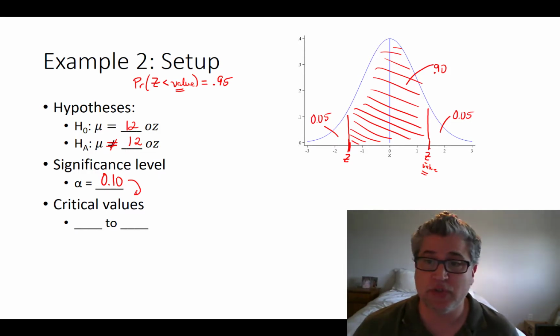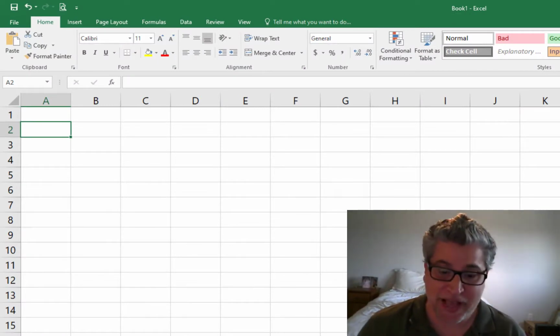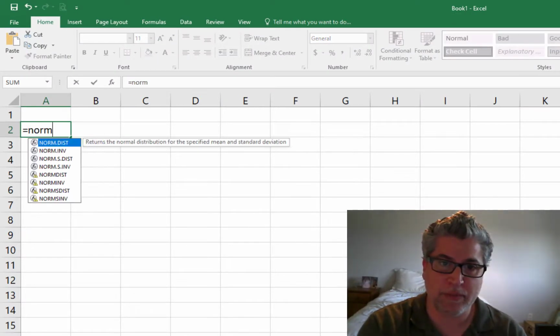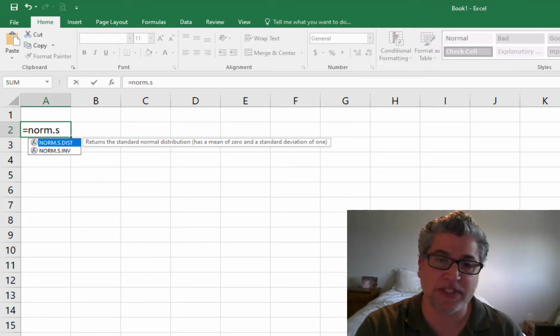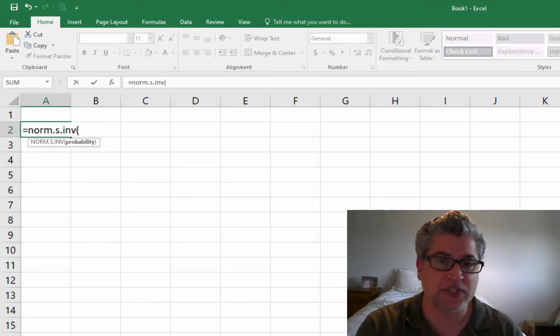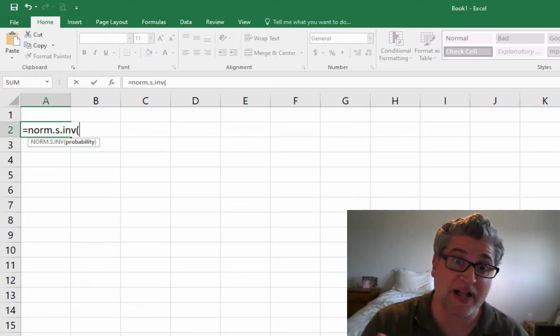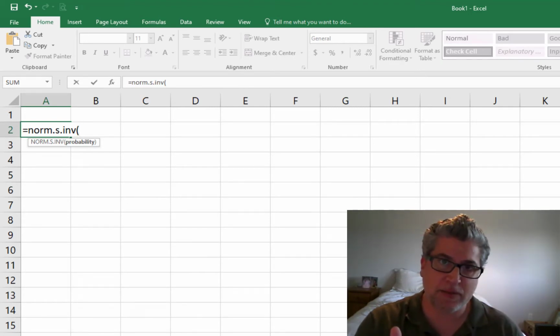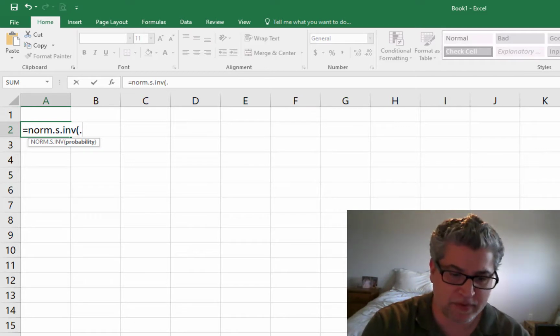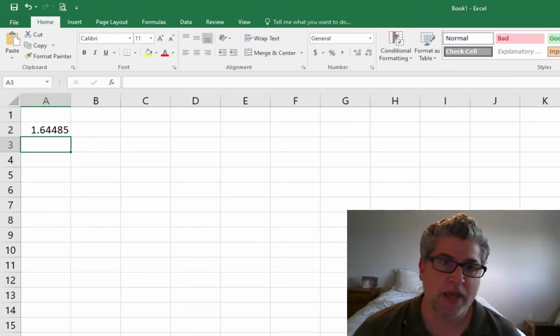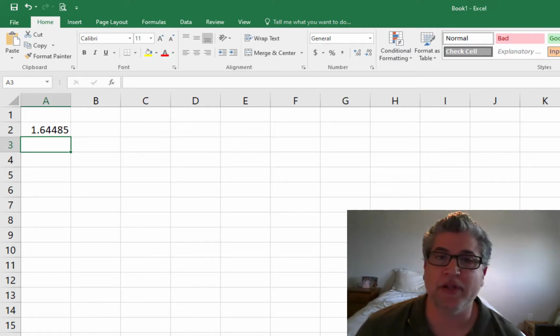So let's switch over to Excel and calculate that real quick. Okay, so we have Excel. We do norm.s because we're dealing with a standard normal. We're doing an inverse calculation because we specify the probability, and we want it to tell us the value of z. And what we wanted was that left tail probability to be 90 plus 5, so we want 95%. And that gives us another familiar z value of 1.64.